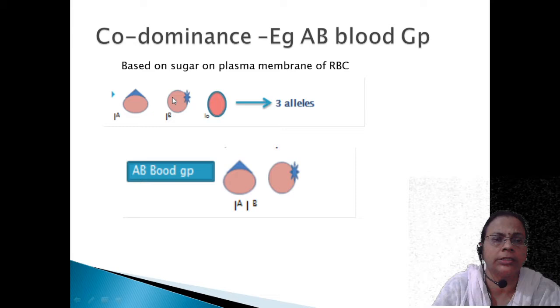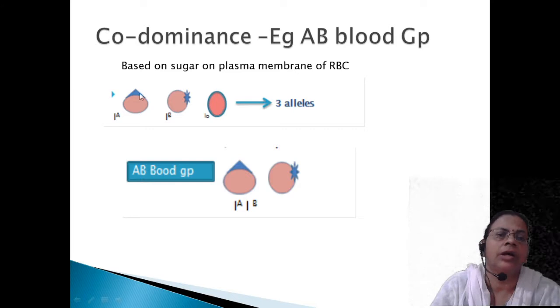So as a result, in AB blood group persons, 50% of the RBC will have isoagglutinogen A type, and the remaining 50% of the RBC will have isoagglutinogen B type. Hence that particular blood group is called the AB blood group, and their genotype will be IA IB. So many problems can be asked related to this.